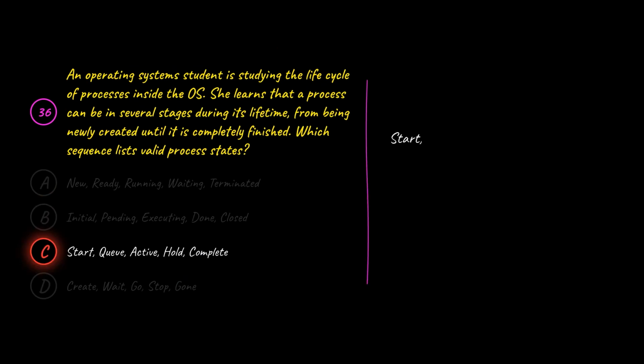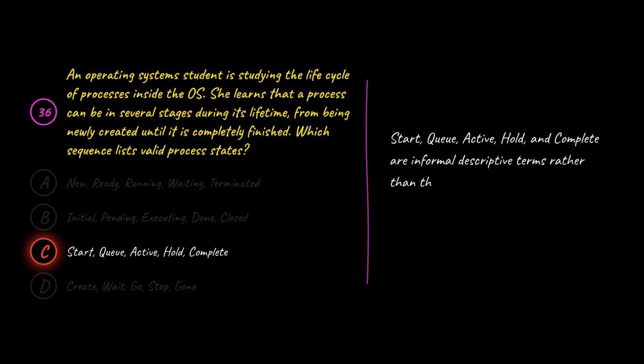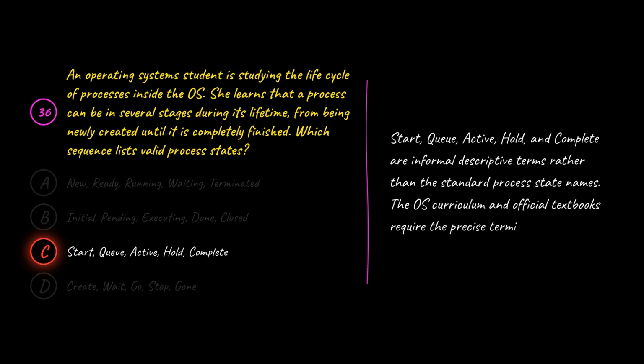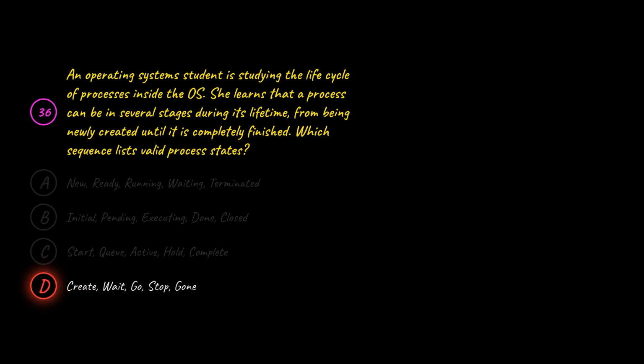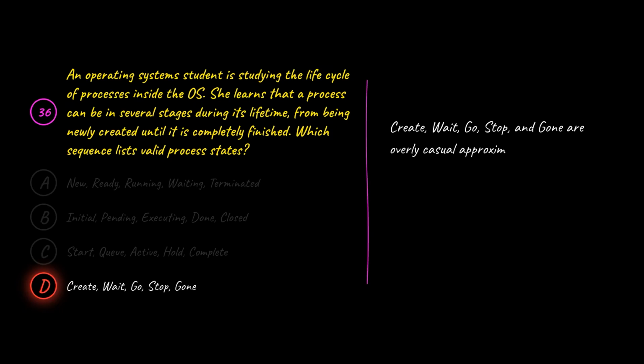C is wrong because start, queue, active, hold, and complete are informal descriptive terms rather than the standard process state names. The OS curriculum and official textbooks require the precise terminology of new, ready, running, waiting, and terminated. D is wrong because create, wait, go, stop, and gone are overly casual approximations of process states.